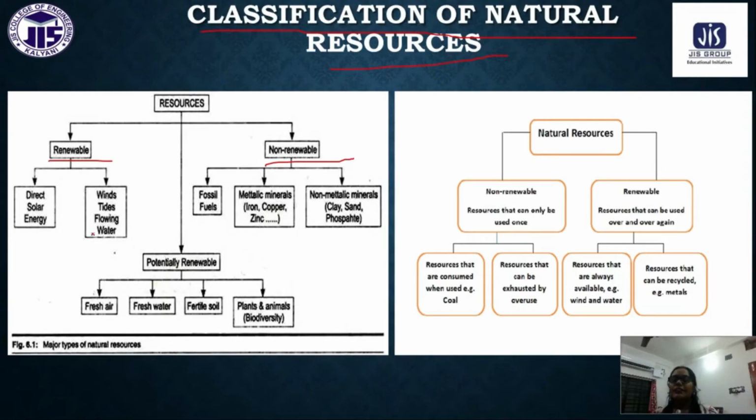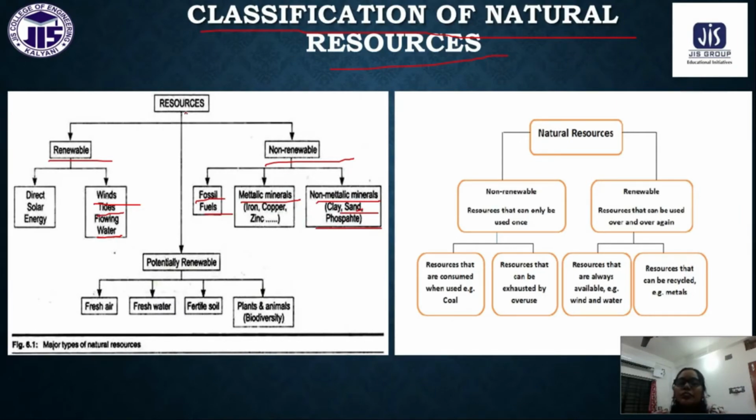One is direct solar energy, and the second we have winds, tides, water. These we can also use as renewable resources. Non-renewable resources are like fossil fuels, minerals, iron, copper, zinc, all types of metals, and non-metallic minerals like clay, sand, phosphate. So these are the three types of non-renewable resources.